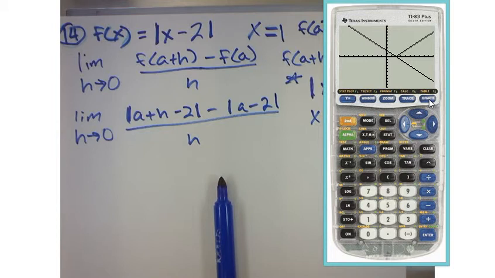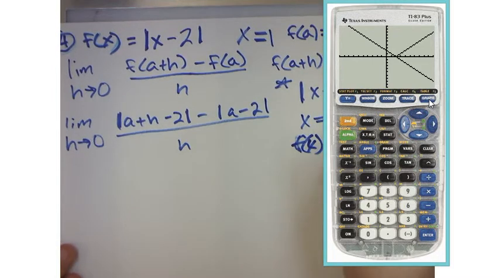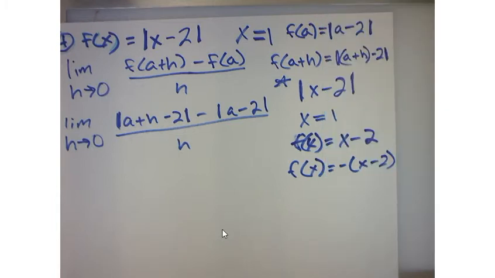Well, what I could do is think of f of x as, there are two possibilities, right? It could just be the regular x minus 2, or f of x could be the negative of x minus 2. Let me show you what I'm talking about. Both of those values would work, right?